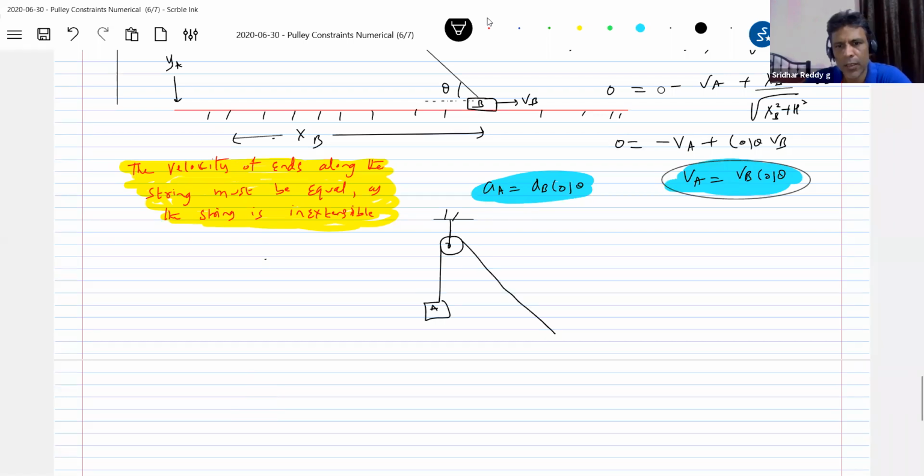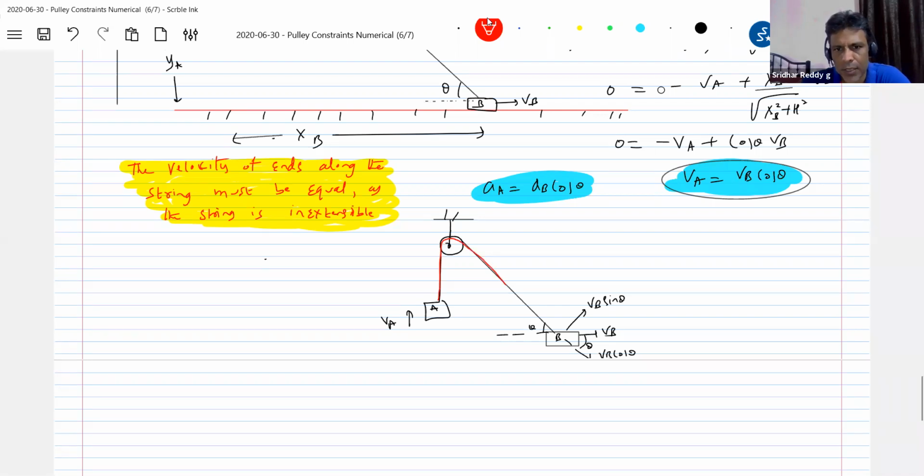So you could have even thought like this also, there's no problem. So what is this angle? Theta. So resolve this, this will be theta. So what is the velocity of end here? VB cos theta, VB sin theta. What is this end? VA. This string.